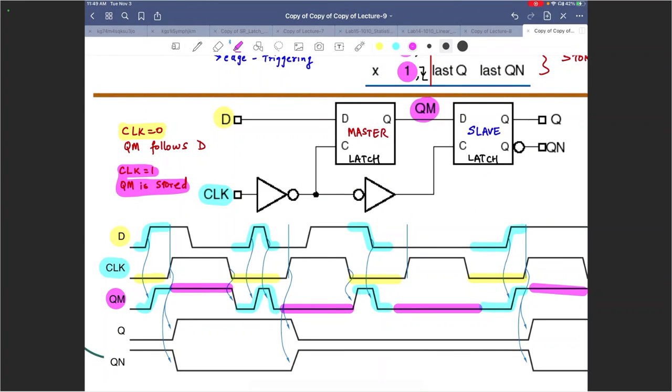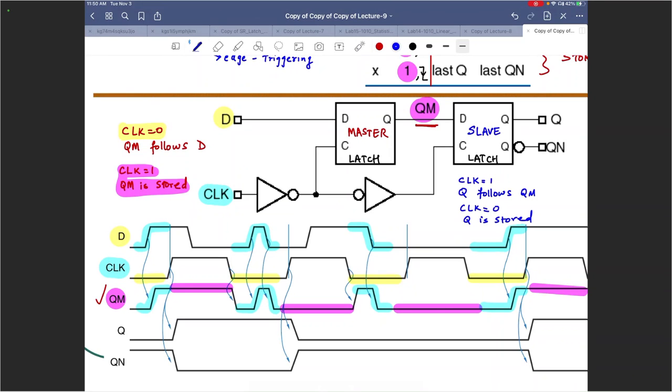So for the slave, my input becomes QM. My clock is simply inverted, right? So for the second one, I'm going to have to write this. Earlier I said when clock is 0, QM follows D. Now I'm going to need to write: when clock is 1, Q follows QM, and when clock is 0, Q is stored.